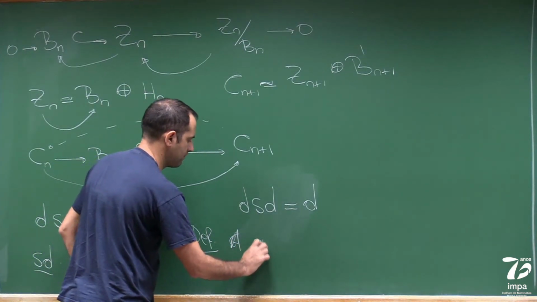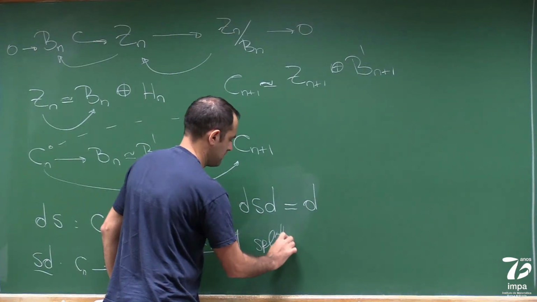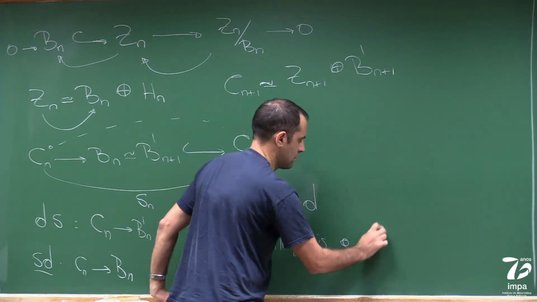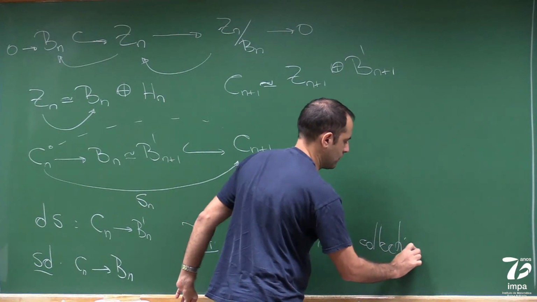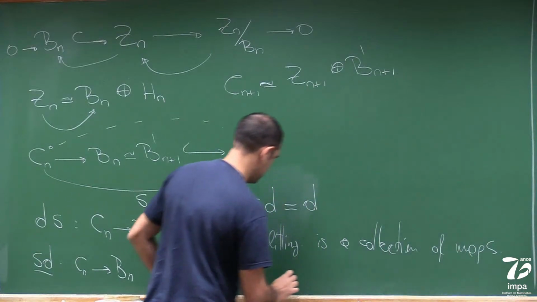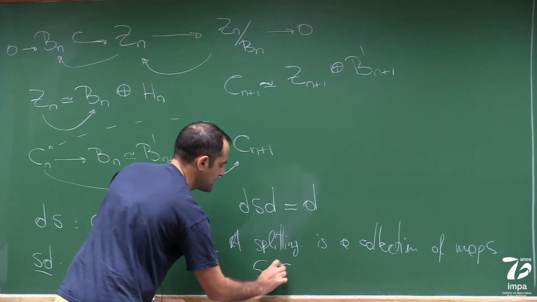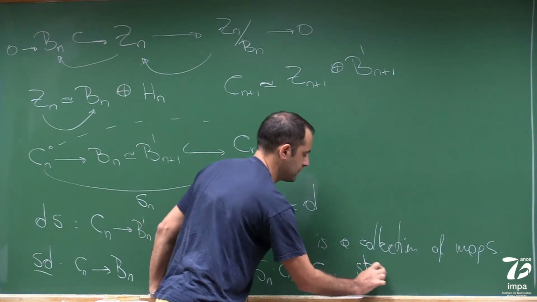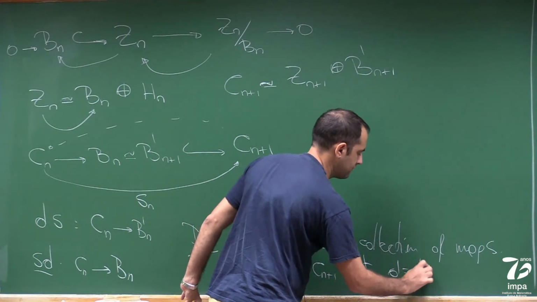a splitting is a collection of maps Sn from Cn to Cn plus 1, such that D is DSD.